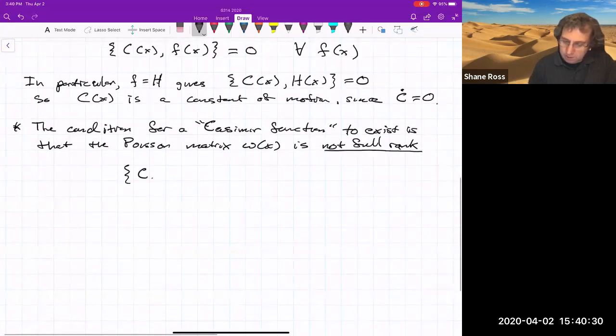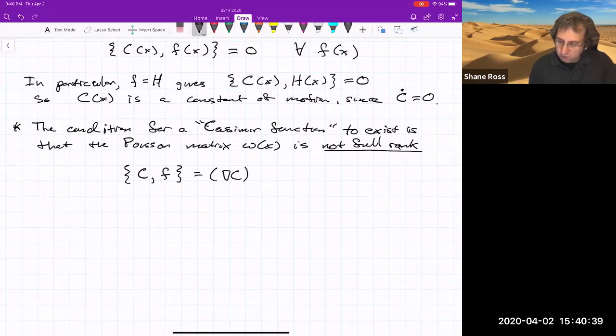So if we write the Poisson bracket of a function C with a function f in terms of the gradient of C, that's gradient of C transpose, omega of x, gradient of f.